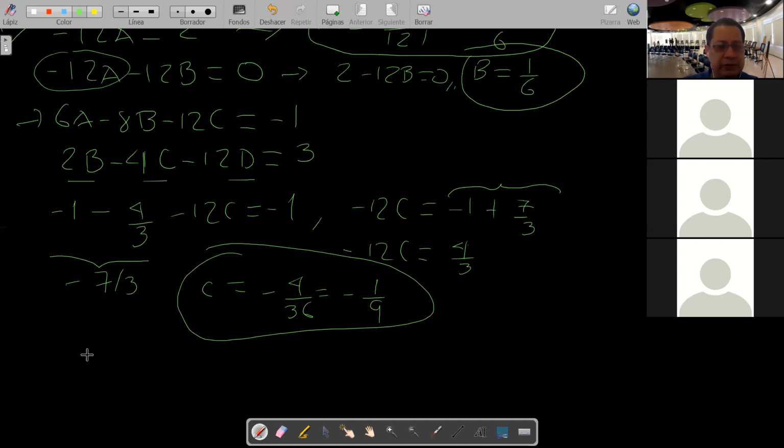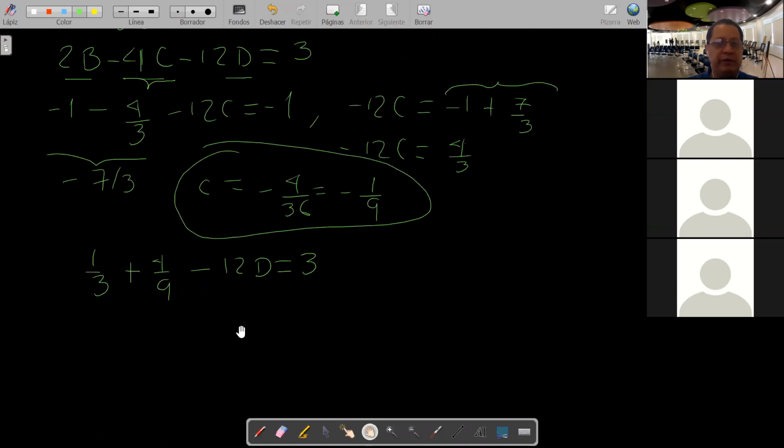So we have 2 times 1/6, which is equal to 1/3, minus 4 times c, and c is a negative number. So doing this, 4 times c, we have 4/9 minus 12 times d, and that should be equal to 3.